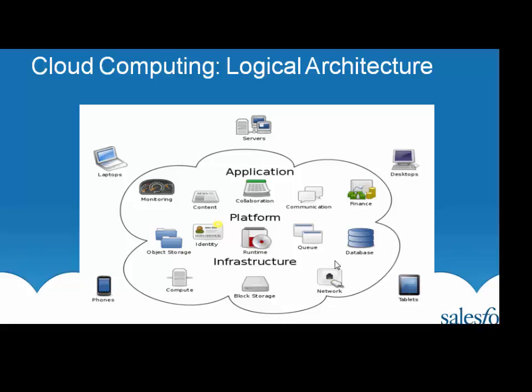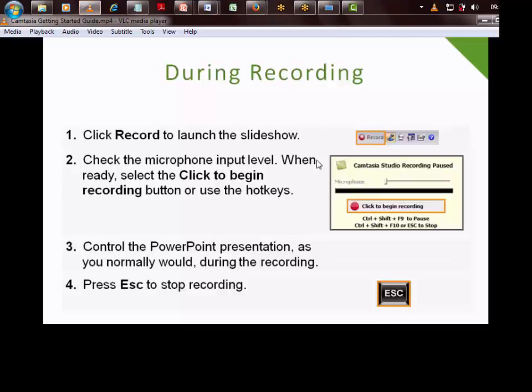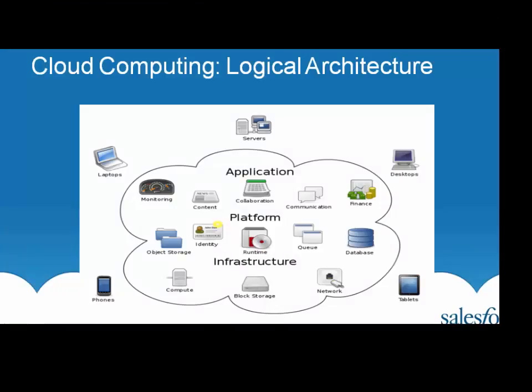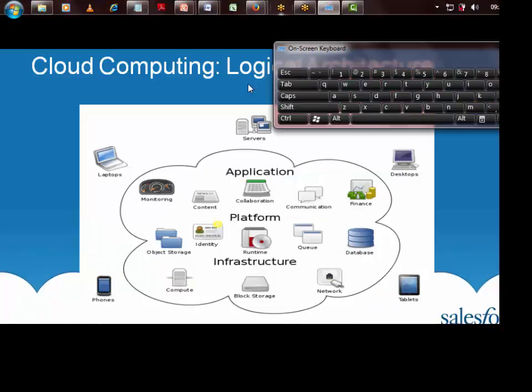So Salesforce provides three kinds of services: application as a service, platform as a service, and infrastructure as a service. The product which you are using, I'll show you the product, like the Salesforce website. Let me open it.